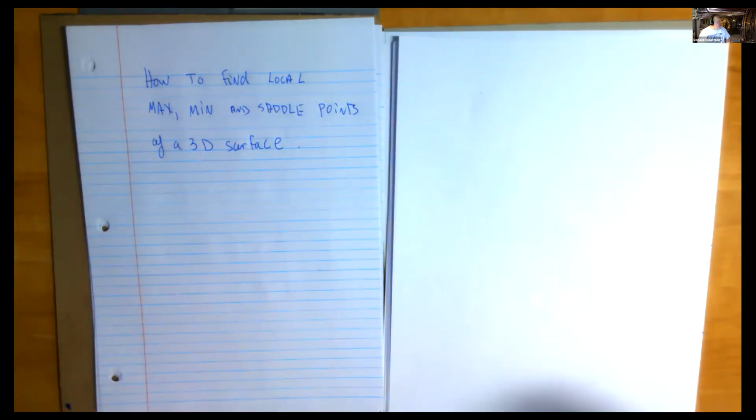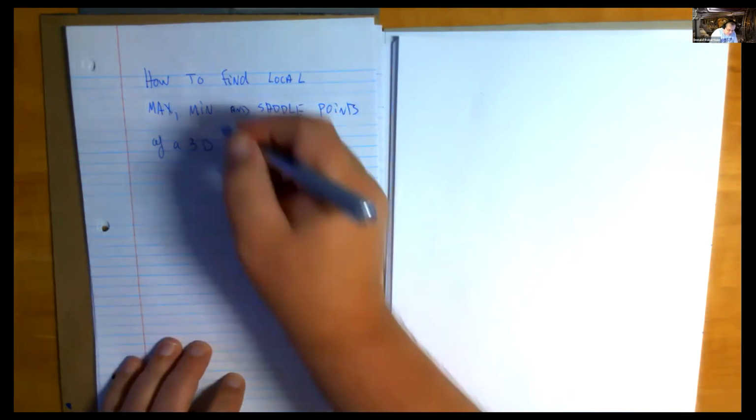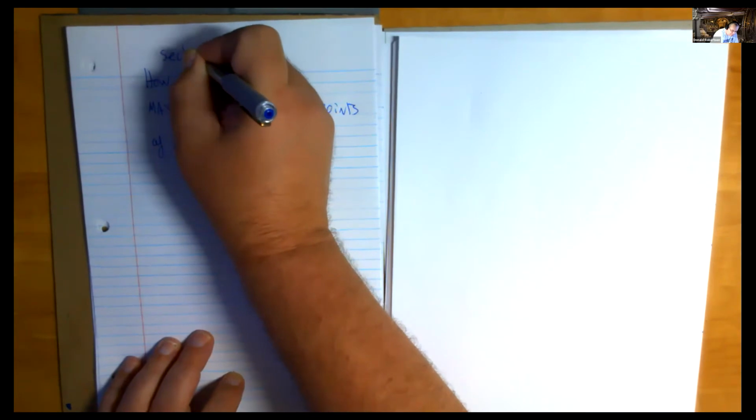So this is going to be what the next section deals with. I believe it's called 14.7. It is. So this is going to be section 14.7.